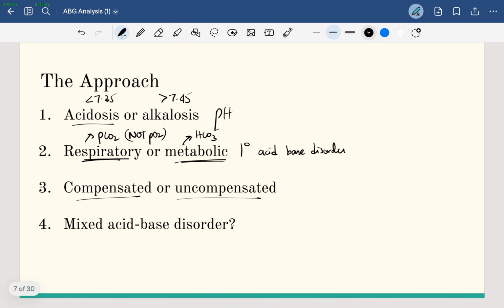And when there's a metabolic problem, there's going to be compensation from the respiratory aspect, which we'll be seeing in a bit. And this is a slightly higher level topic, but there are certain questions where there's a mixed acid-base disorder. So there could be something like a metabolic acidosis with a metabolic alkalosis, which we'll be exploring at the end of the video.